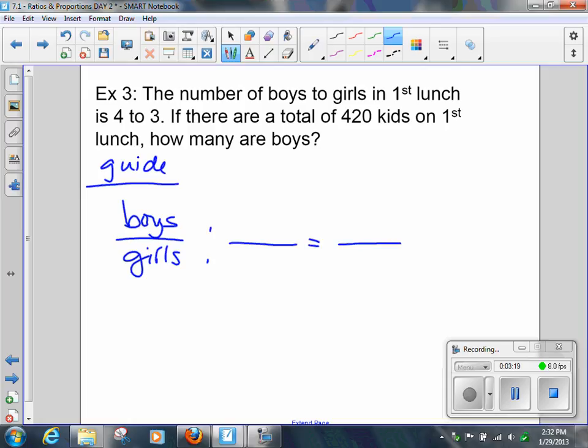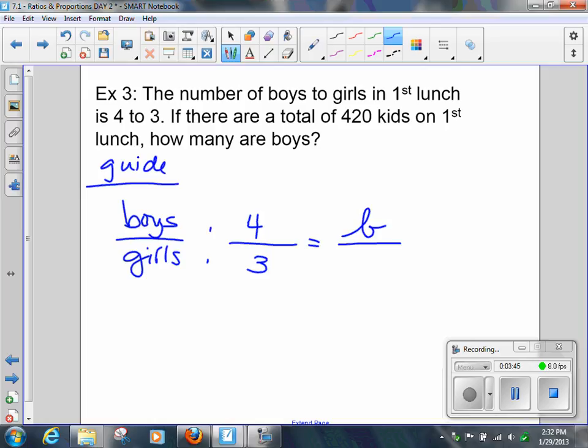Okay, 4 to 3. 420 kids on first lunch. How many are boys? Oh, this is strange, isn't it? Oh, that's total. Oh, okay. Let's think about that. How many are boys? What are we trying to find? Boys. All right, I'm just going to list it as B for boys.